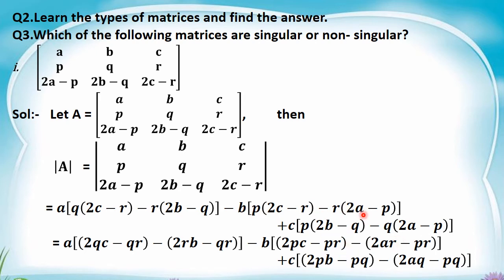That is, multiply the outside element with each term inside the bracket. Plus c into p into 2b, 2bp minus pq minus q into 2a, 2aq minus pq.